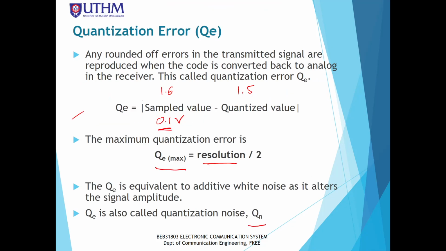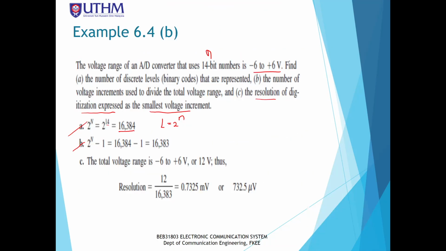You will learn this in the next topic, which is what we call the dynamic range, DR. Dynamic range is the number of step sizes that we use to divide the total range of voltage. So the range of voltage is between -6 until 6.